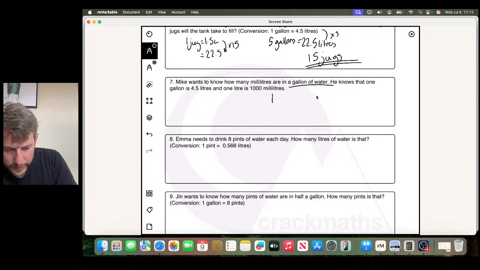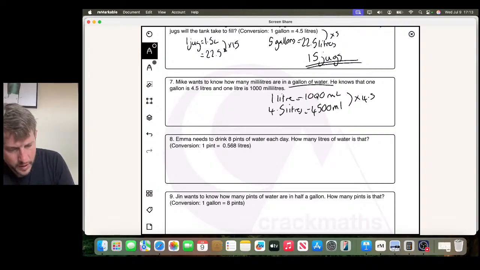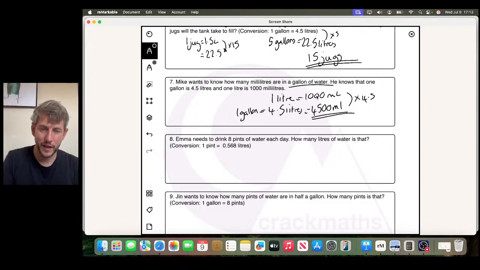We know that 1 litre equals 1,000 ml, so we need this times 4.5. That will be 4,500 ml. And as 1 gallon equals 4.5 litres, that equals 4,500 millilitres.